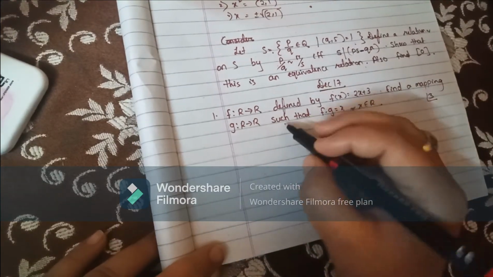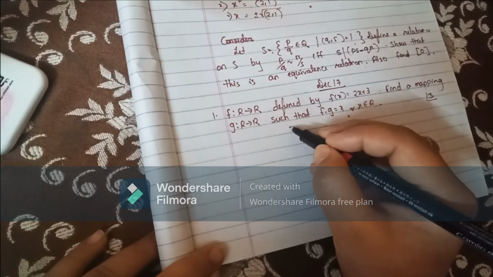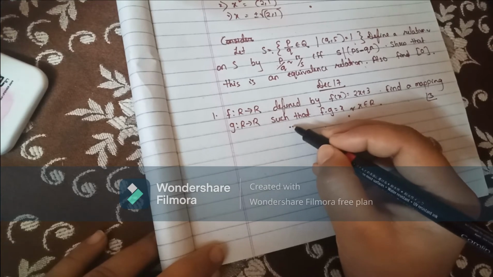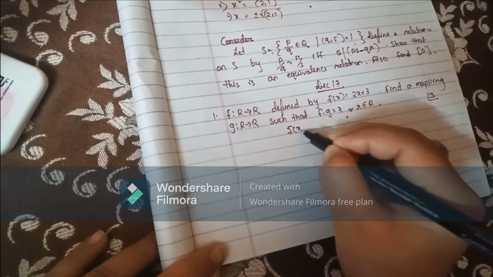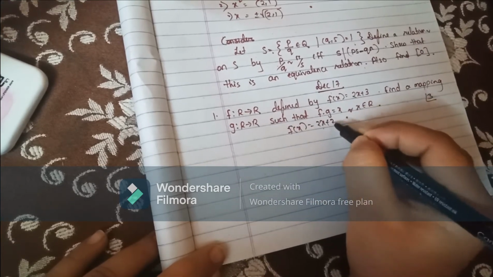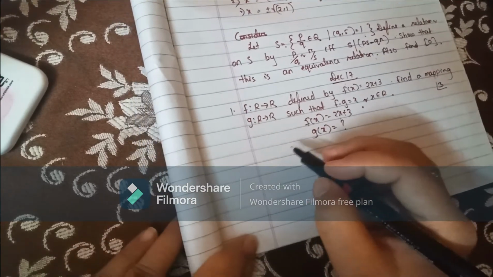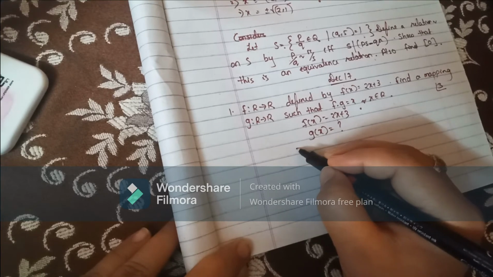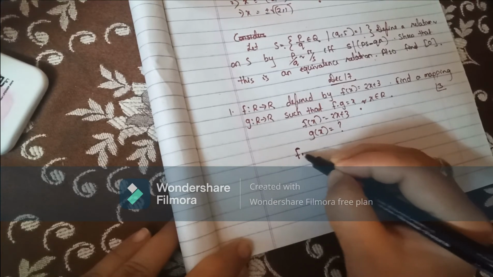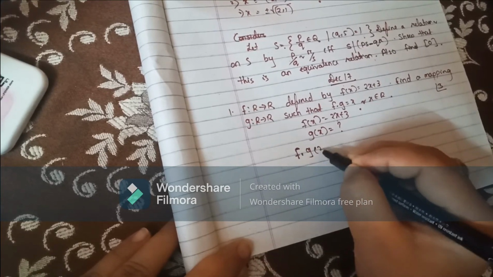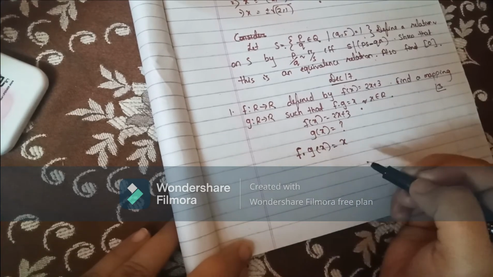So here two functions are there. One is f of x and another one is g of x. And f of x has been given, that is 2x plus 3. We have to find out what g of x is. And one more thing has been given, f of g is equal to x.